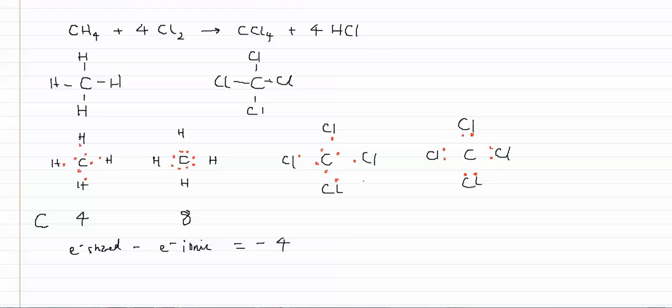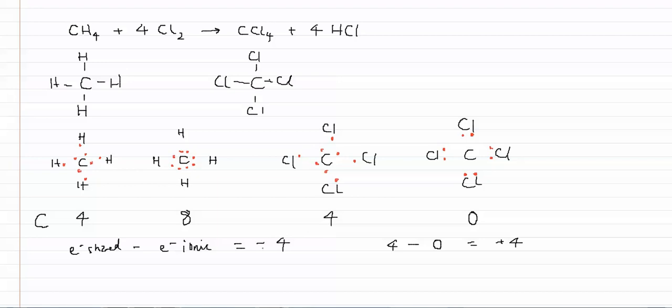And this time, when we look at the distribution of electrons, we've got 4 around the carbon under the equal model, but in the product with the ionic distribution, there are none. This time the oxidation number is shared minus ionic, which is +4.